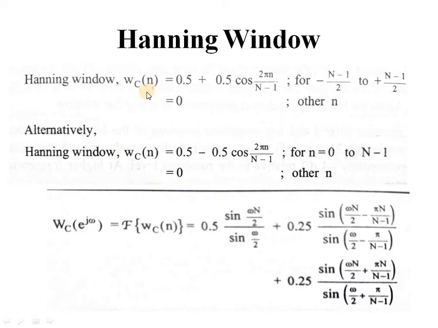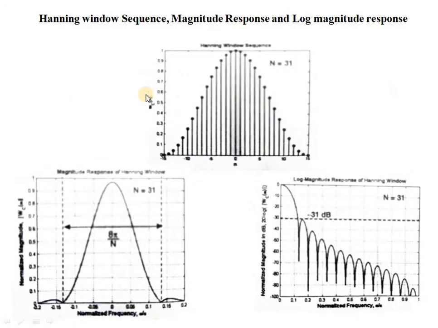This slide shows the Hanning windowing sequence and its corresponding magnitude response, obtained from its frequency response, and this represents the log magnitude response of the Hanning window sequence, which is generated by taking the magnitude in dBs, by calculating 20 log of the magnitude of the Hanning windowing sequence.